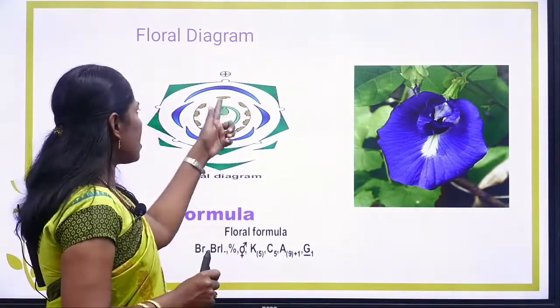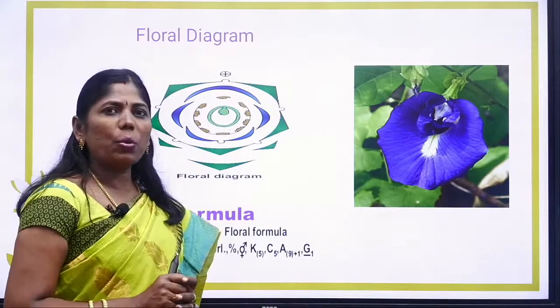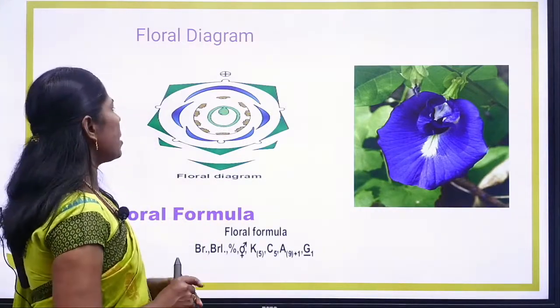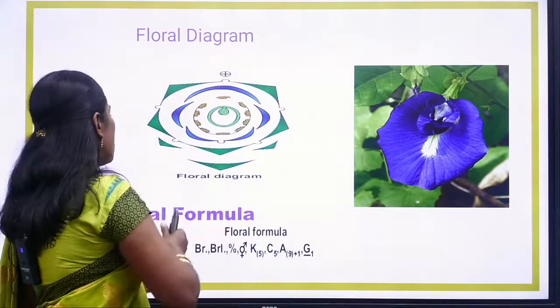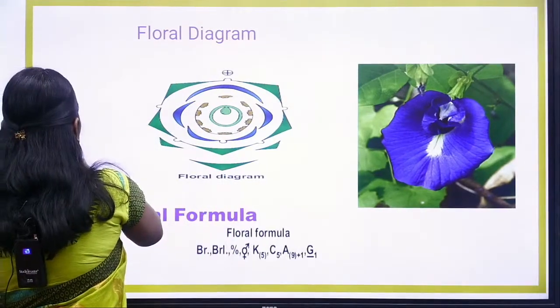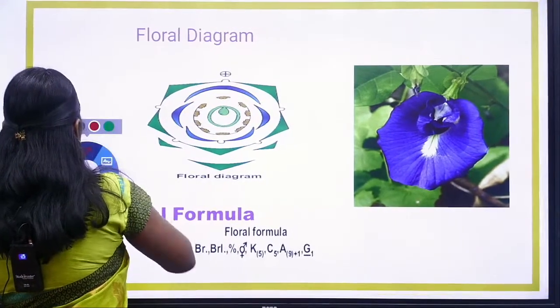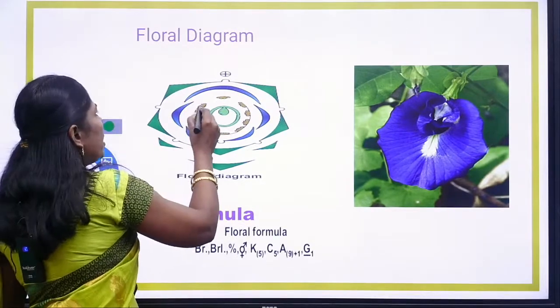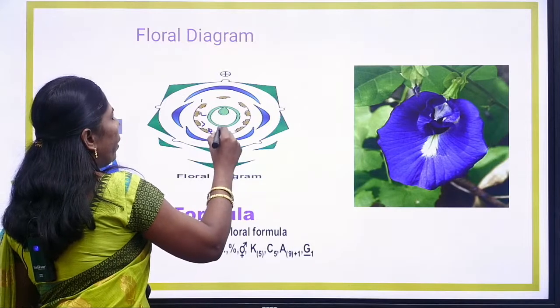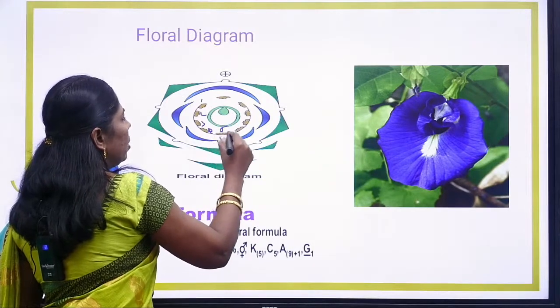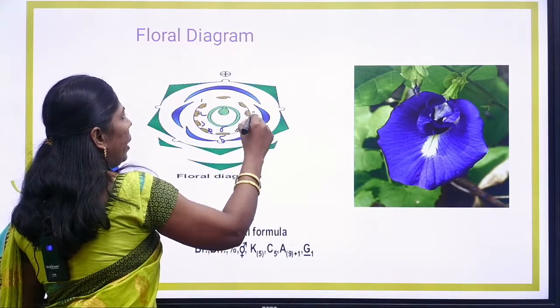Okay, so on the inner side we can see the androecium. Okay, so how many stamens you must draw? Only the 5 stamens. Okay, so each one is considered as a stamen. So this each one is a stamen. 1 2 3 4 5 6 7 8 9.